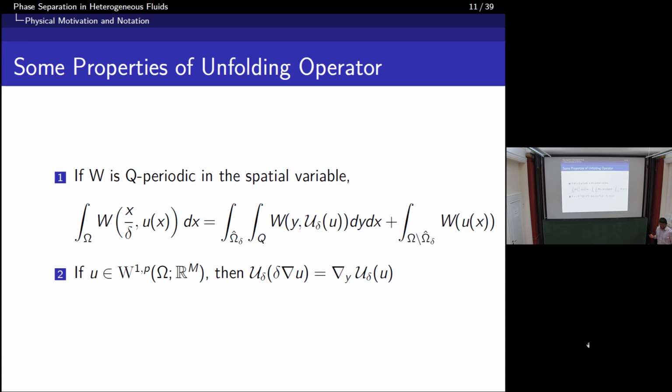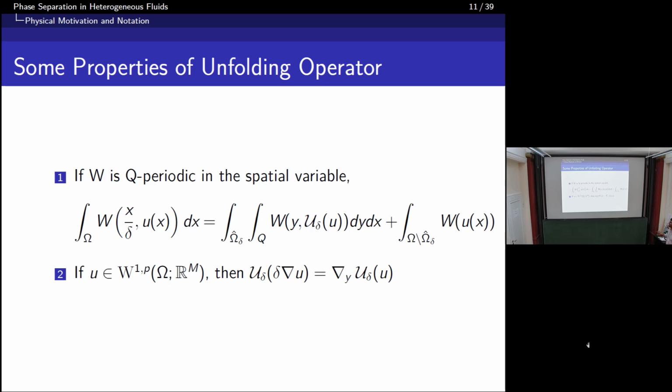Okay, and the main property that motivates our analysis is this one: if you have a free energy which is Q-periodic in the spatial variable, and depending on your phases, then you can write this out using the unfolding operator as a double integral over Q, with the nice part that you no longer have to worry about the deltas in here, and the delta just goes as part of your function, plus some extra term which comes from the boundary region.